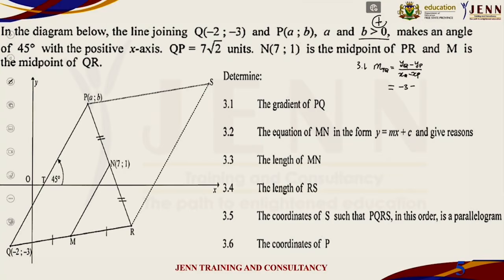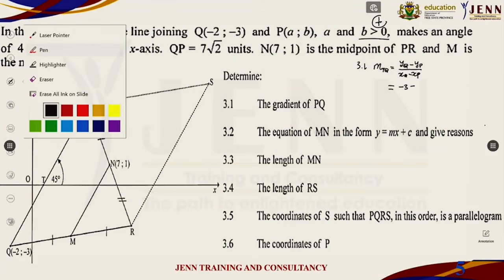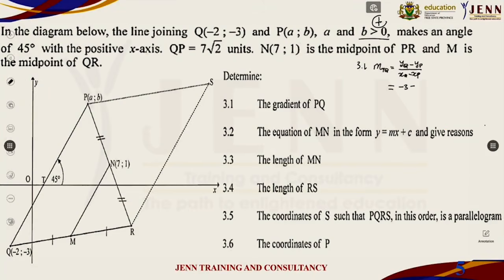The moment I am given 45, what is now going to happen? We see that we are given an angle of inclination. Our angle of inclination is 45.